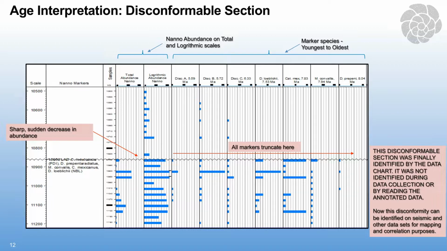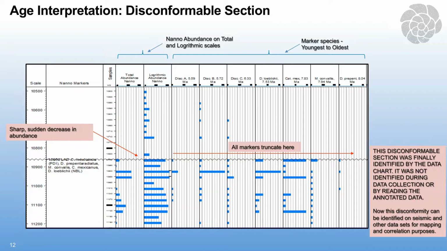And that was correct, except all these other markers topped out in the same section too. It wasn't identified by the paleontologists collecting the data. It wasn't identifiable by just reading through the data. And it's a mistake that anybody could have made.